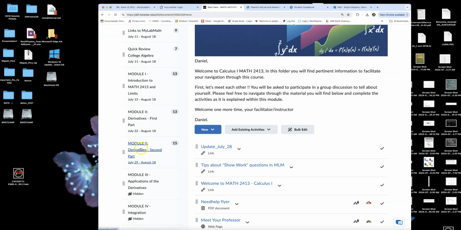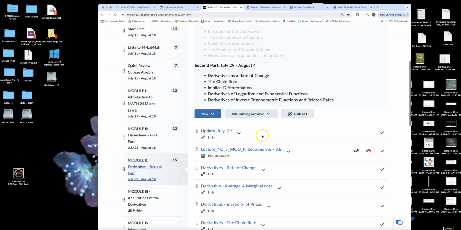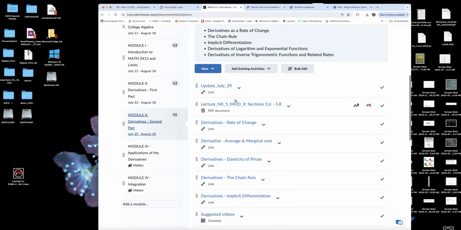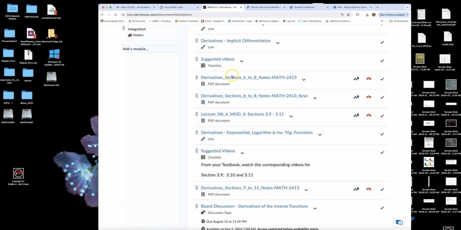The one that I'm talking about is the second part, the one that covers from section 3.9 all the way down to section 3.11. Yes, that's correct. So you have here all the materials.